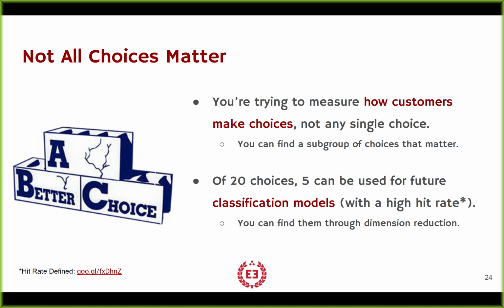So the successful prediction of a classification. You can do it based on 5 of these choice options if you find the right 5. But you found them by asking 15 or 20 to figure out how they make choices overall, not whether they're Sith or Jedi. It's about who they are as individuals given a whole series of choices and their behavior, the predicted behavior based on it.